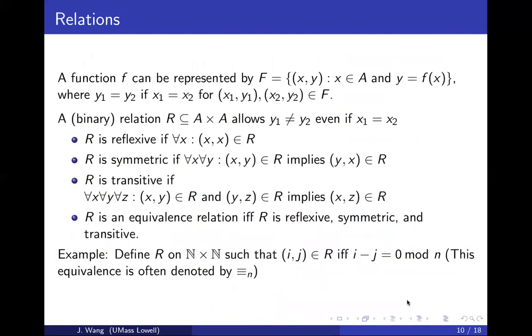Now we look at relations. So a function f can be represented by a set of pairs x, y, such that x is in A and y is equal to f of x, where y1 is equal to y2 only when x1 is equal to x2.